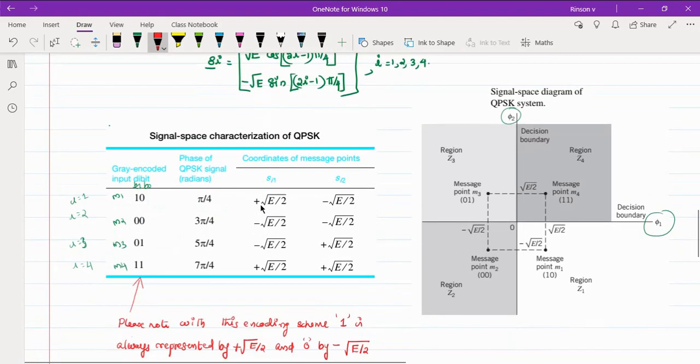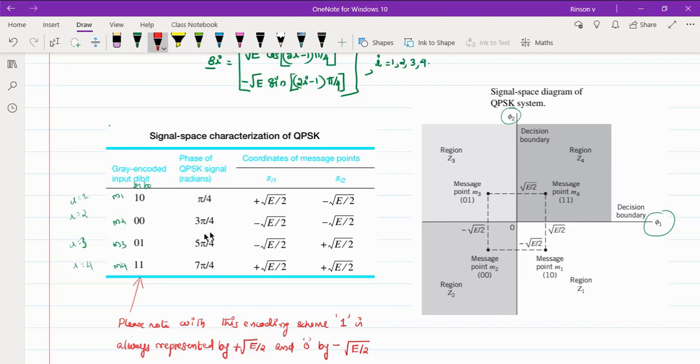Now to see the signal space diagram of QPSK, suppose I have used this encoding for my message symbols. I have 4 message symbols M1, M2, M3, M4 to transmit. To transmit M1 I will use a carrier with phase pi by 4.